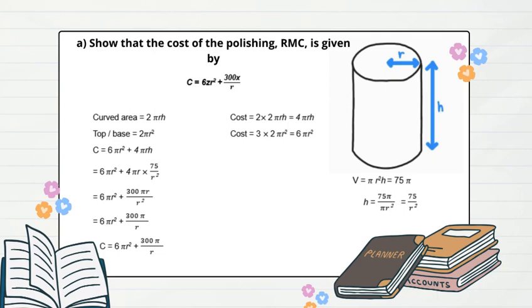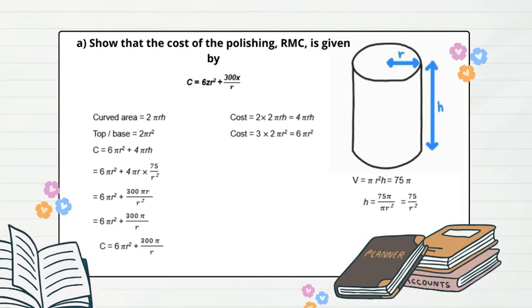So we can say that C equals 6 pi r squared plus 4 pi r times h, where h is 75 over r squared. That equals 6 pi r squared plus 4 times 75, which is 300, so plus 300 pi r over r squared. Do a little bit of cancelling. One of those r cancels with that r, so plus 300 pi over r, as we were asked to show in the question.